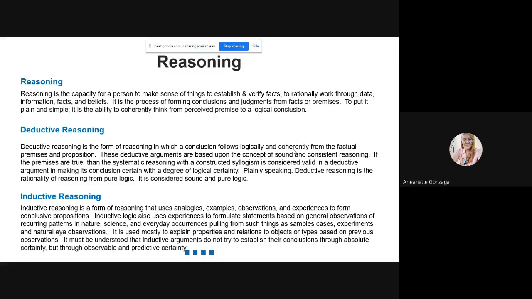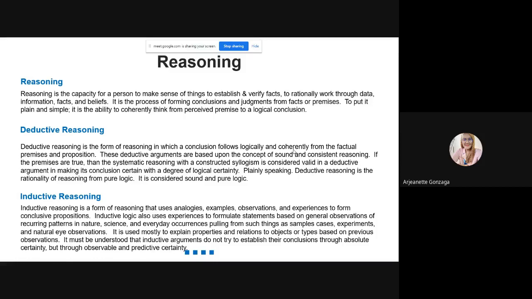Sa deductive reasoning, ang deductive reasoning is the form of reasoning in which a conclusion follows logically and coherently from the factual premises and propositions. So these deductive arguments are based upon the concept of sound and consistent reasoning. So if the premises are true, then the systematic reasoning with the constructed syllogism is considered valid.